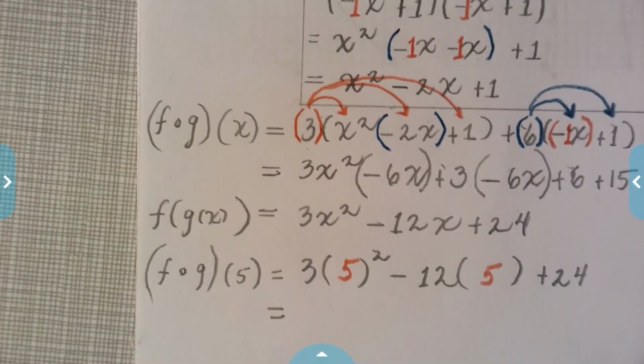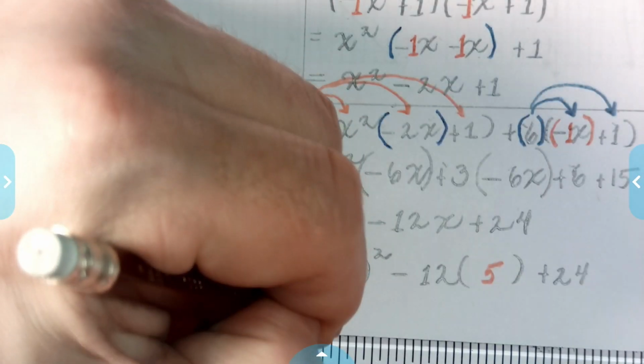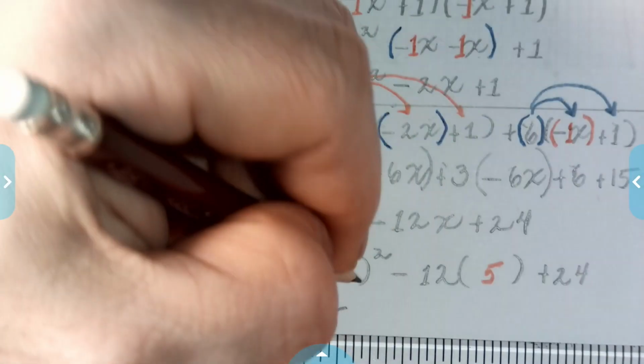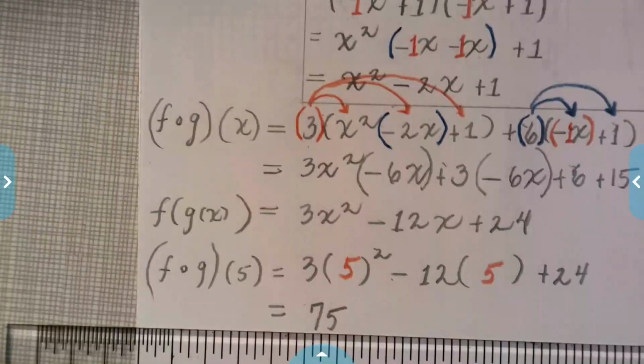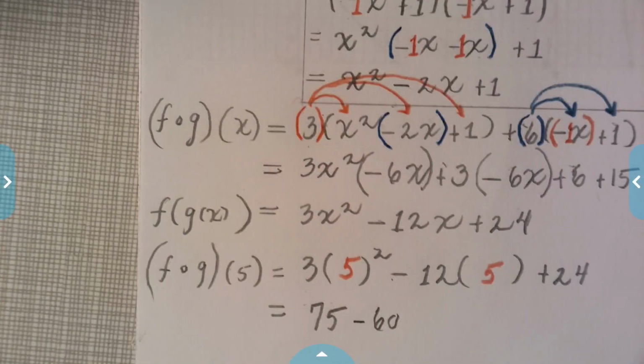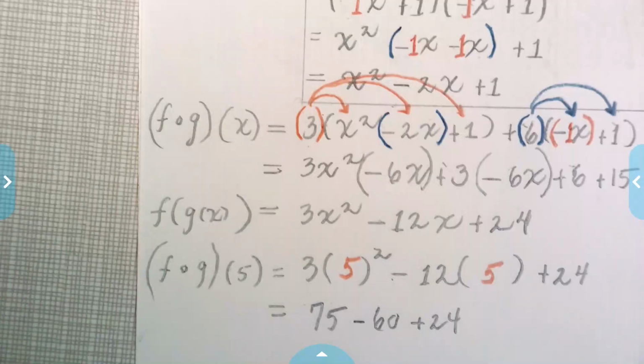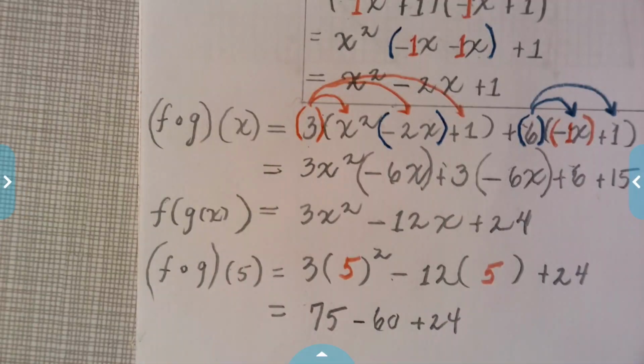Well, 5 squared is 25. 25 times 3 is 75. So that's 75 minus 60, because 12 times 5 is 60. And then we have the negative. So minus 60. So right now we're at 15 plus 24. 75 minus 60 is 15. And then plus 24.